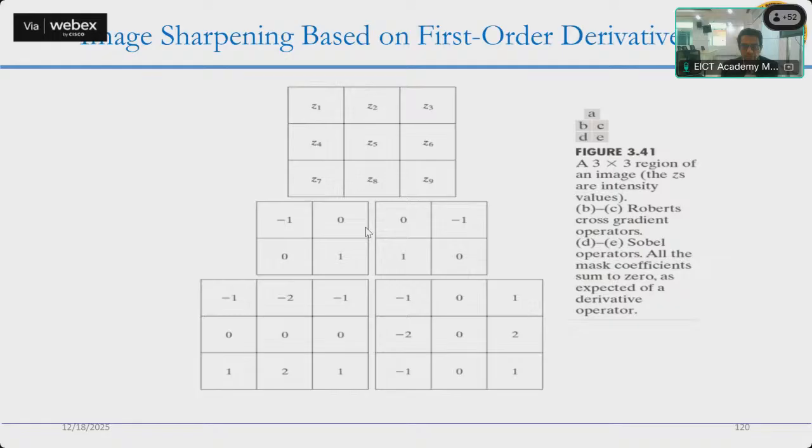For example, a 3 by 3 region of the image is there in this case, and if somebody wants to apply the Roberts cross gradient operator, it can be -1, 0, 0, 1 in this way. Apart from it, you can also apply the Sobel operators.